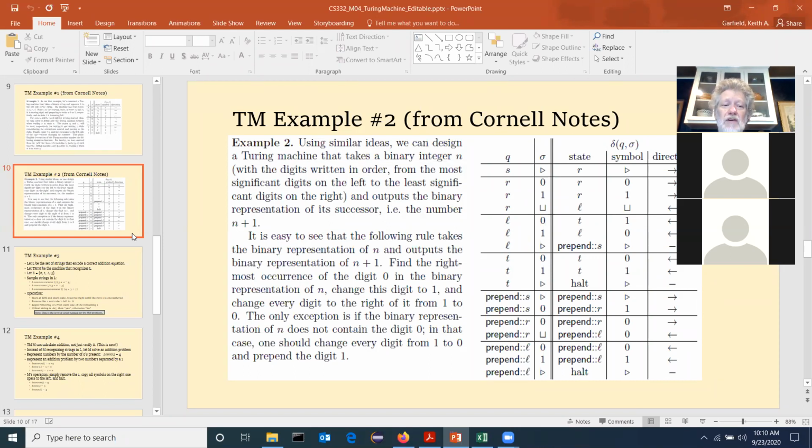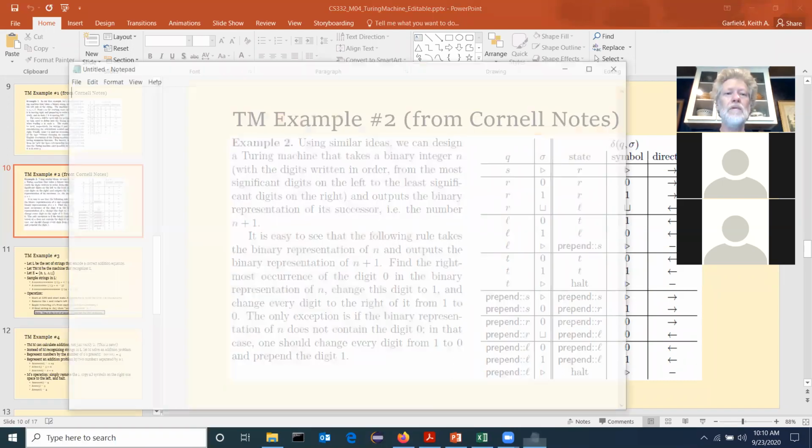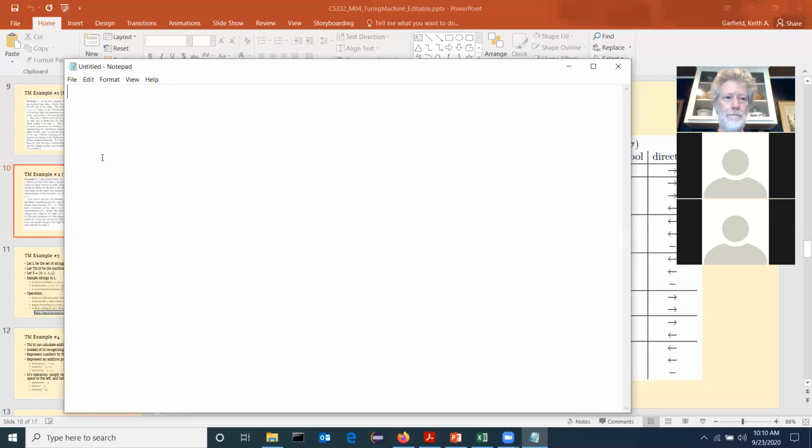The way you add 1 in binary math is, if I have 1, 0, 0, 0, 1, 0, 0, 1, and I want to add 1 to that, I start from the right and I go to the left, right? 1 and 1 is 0, carry the 1. And then from there, I don't need to do anything else, so I'm going to copy the rest of the string down.